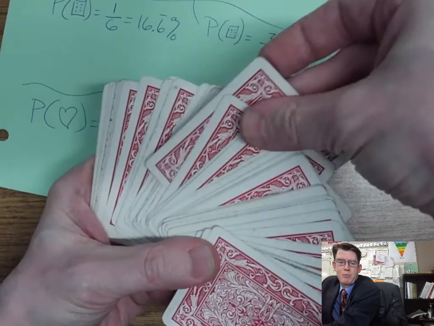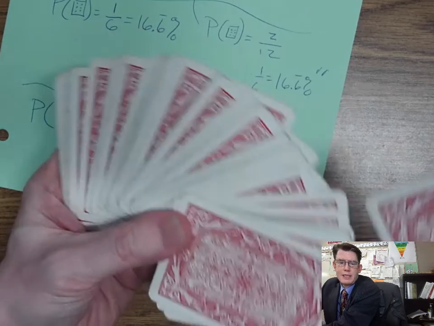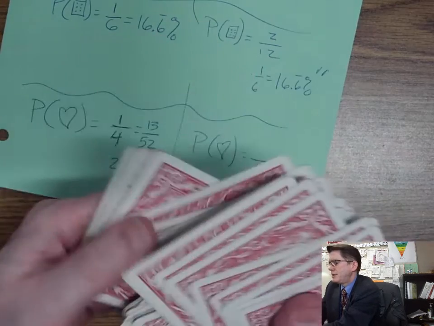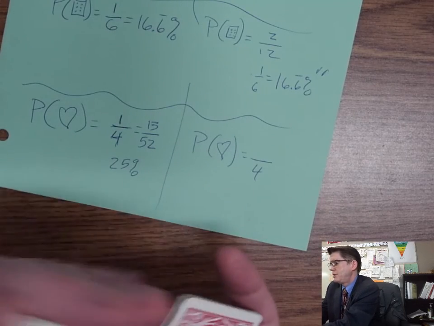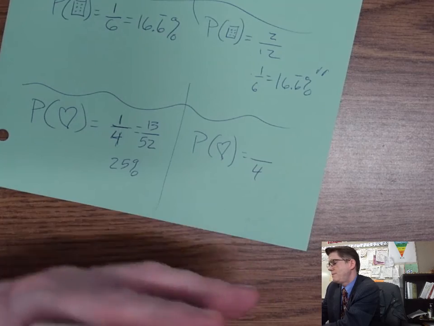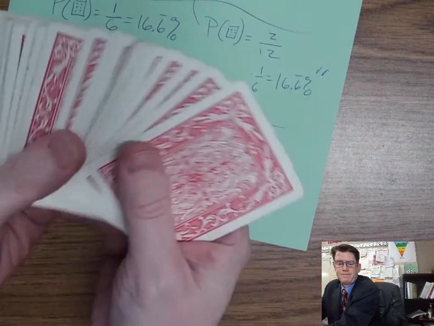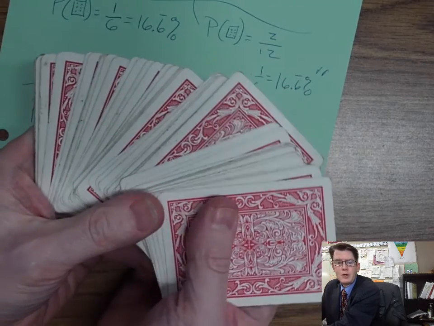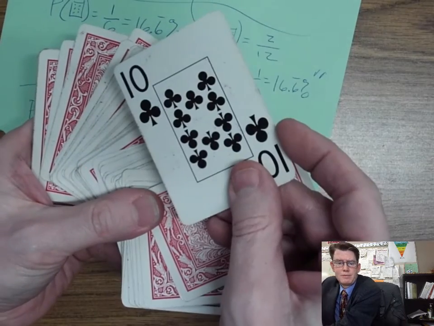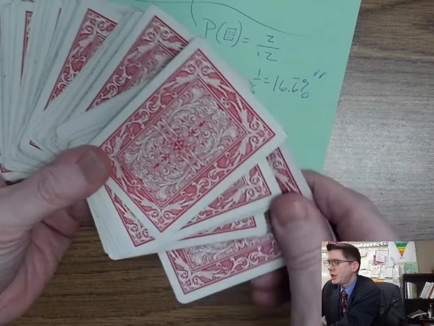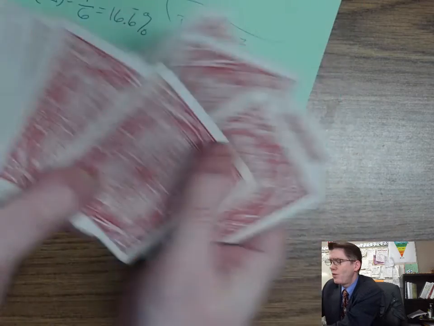Here's my second pick. A diamond, okay. So no hearts yet out of 2 picks. Shuffle them up again. Here's my third pick. There's a club. So far I've gotten 1 of every suit.